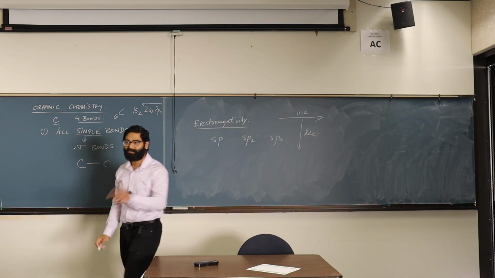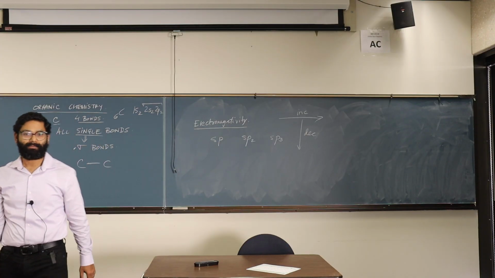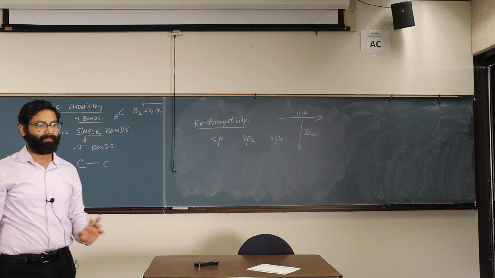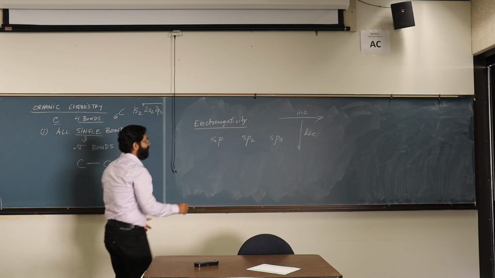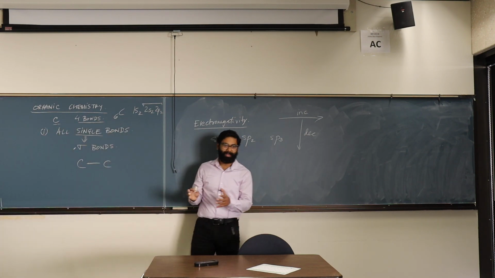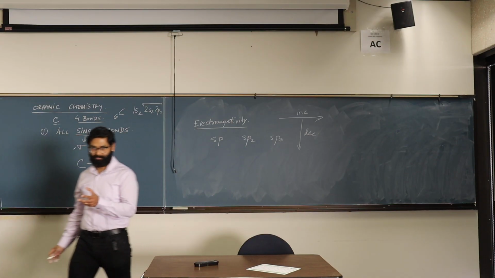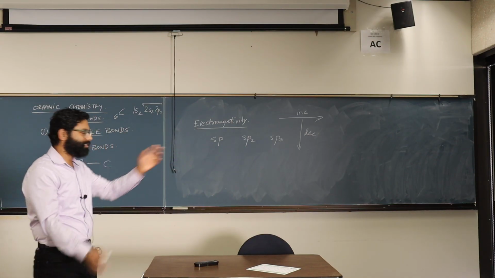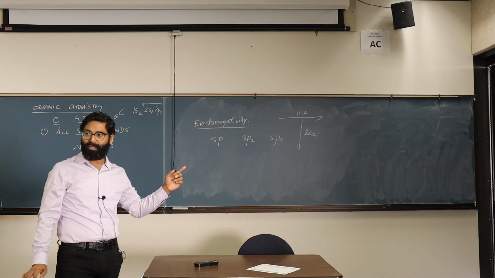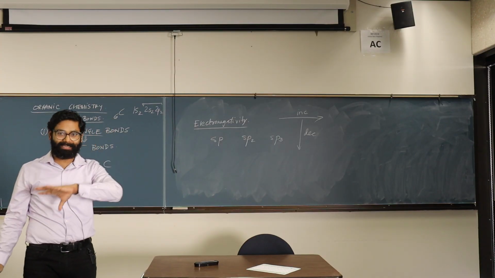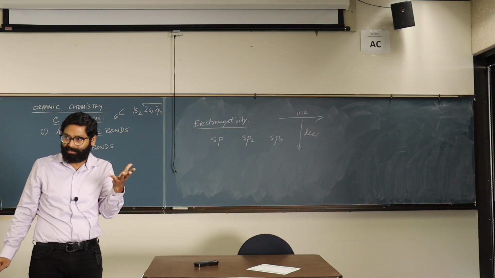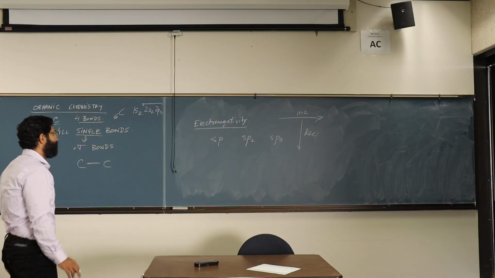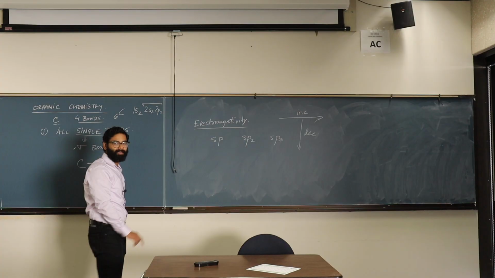What happens to the size from left to right? It becomes smaller. Right? Since it is becoming smaller, it is getting closer to the nucleus. And that is how you can think about electronegativity. Keeping in mind that when size drops, electronegativity increases, tell me the electronegativity trend of sp, sp2 and sp3.